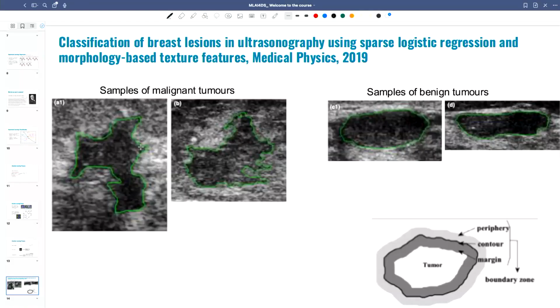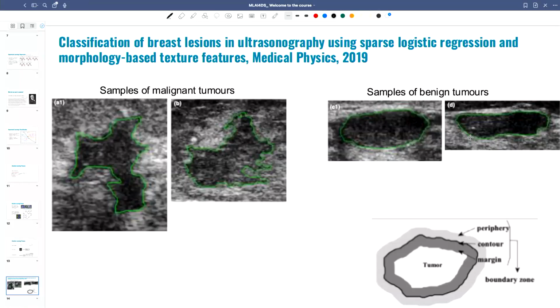The fuzzier and the busier the boundary of the lesion, the more likelihood of the tumor being malignant. Okay, so basically it means that benign tumors have a more pronounced boundary, but also their shape is not too complex. As you could perhaps compare these two to these two samples, you could see that benigns are relatively round, not too crazy in shape.